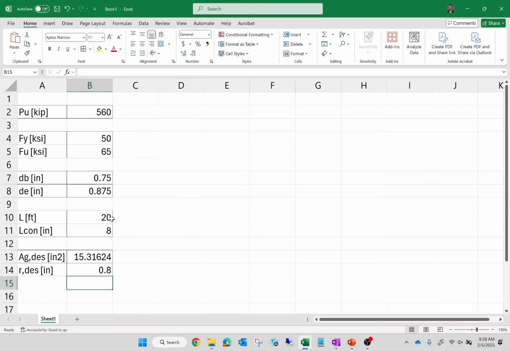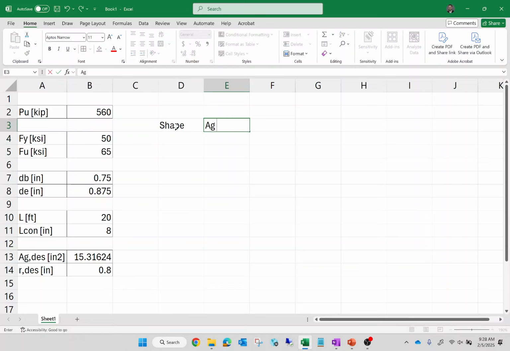Okay, now let's do some columns here. So we're going to have a series of calculations, and for every shape we're going to have a series of calculations. Let's do our inputs first. So what did we say our inputs were?